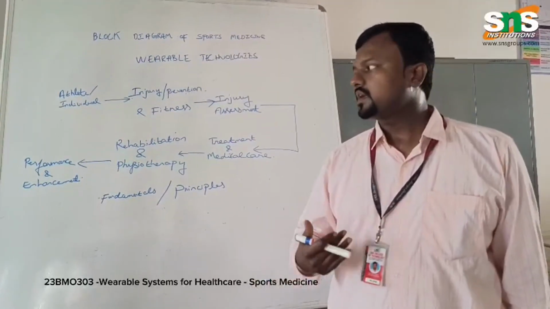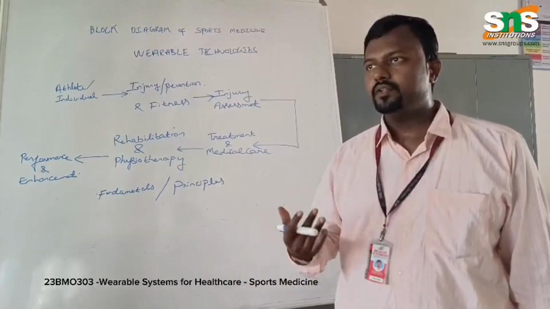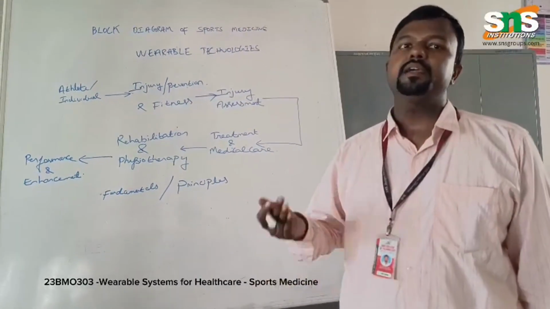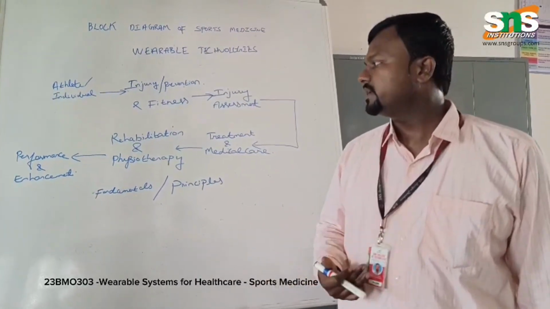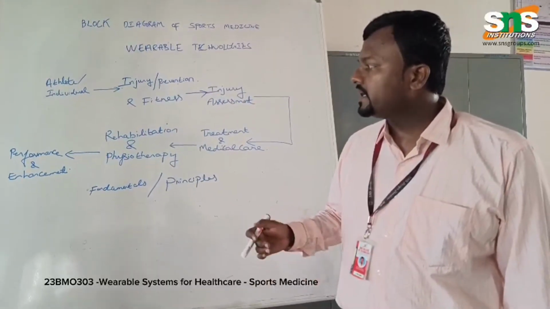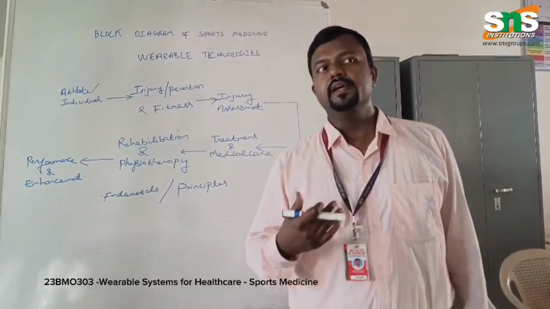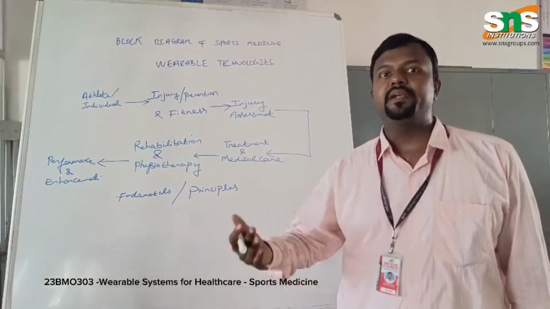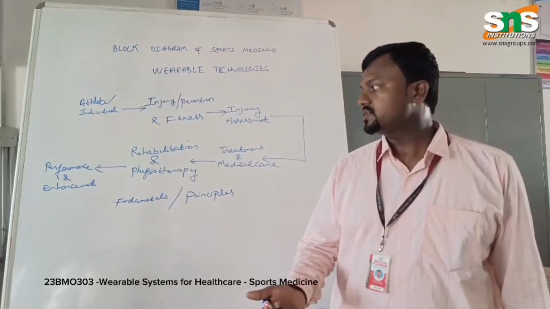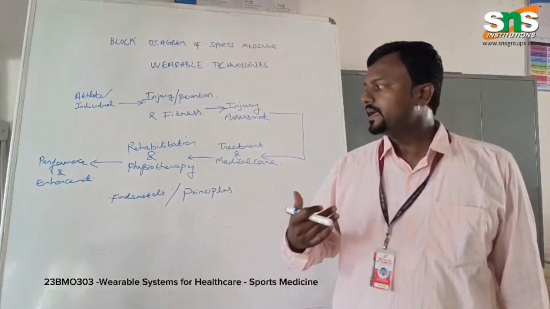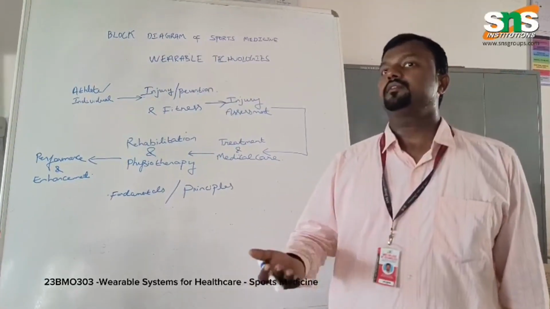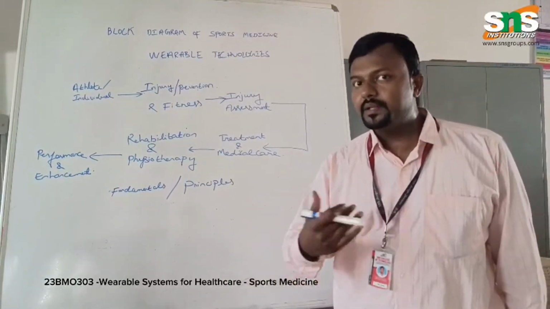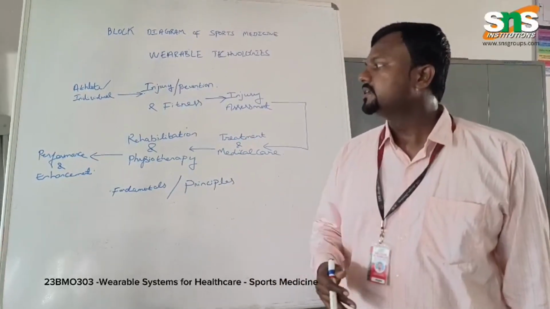Once we find what the problem in our body is, we have to use wearable devices depending upon the problem. The next case is the rehabilitation and physiotherapy. Here, there are different kinds of physiotherapy devices which can be used in our home itself to make the body very fit, or to recondition the body, or to bring back the body to the same position.